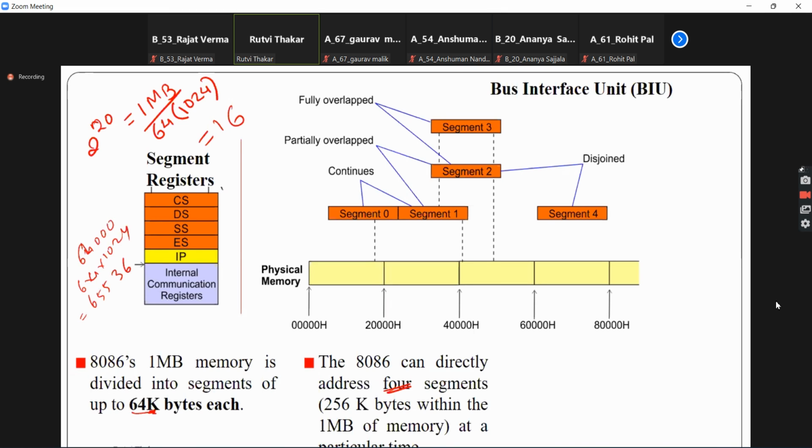So for 4 segments, 65536 into 4, 64 KB into 4 will give me 256 kilobytes within 1 MB of memory at a particular time. Correct? Any doubts here?